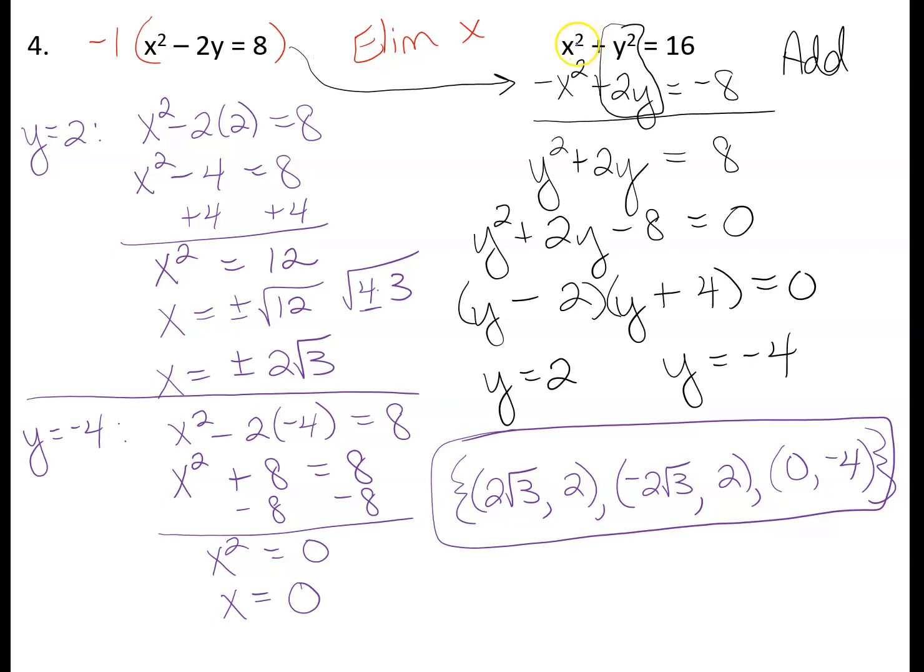And this would actually end up being a circle, this equation on the right, because both are squared. This one on the left, only the x is squared, the y is not. That would be a parabola. So let's think about that for a second. How could a circle and parabola intersect at 3 points?